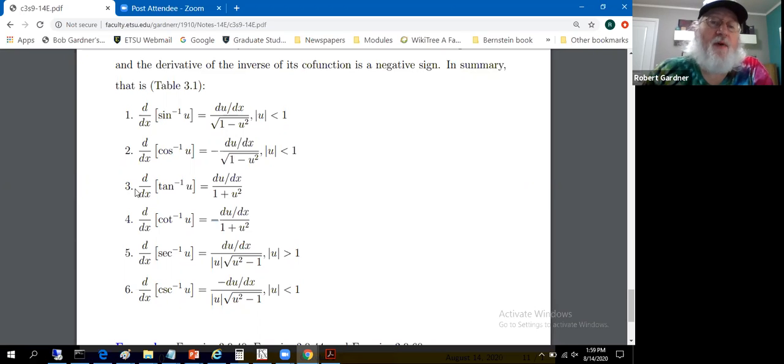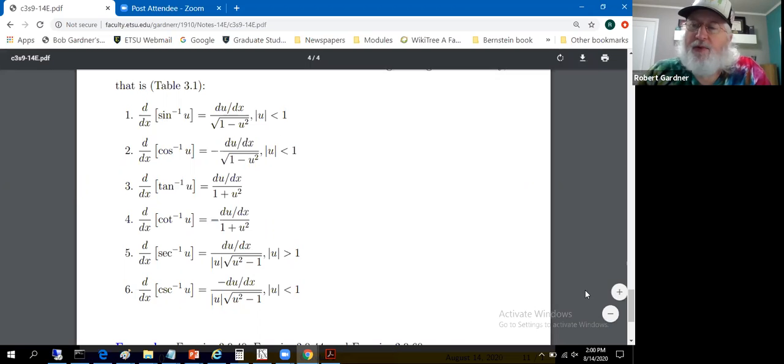The inverse cofunctions all have derivatives that start with a negative sign. And the rest of it is the same as the derivative of the corresponding cofunction. So it's half the stuff to remember, which is why I said a half hour ago, I'm interested in differentiating sine inverse, tangent inverse, and secant inverse. The other three follow from those three.